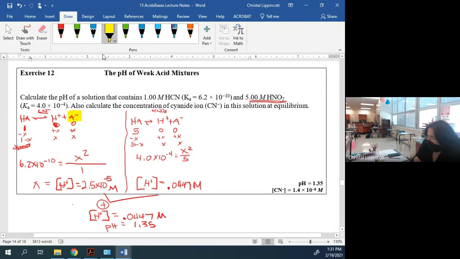If I want to figure out my concentration of cyanide, I can take my Ka for cyanide, and my H plus concentration, which we bring in from right here.